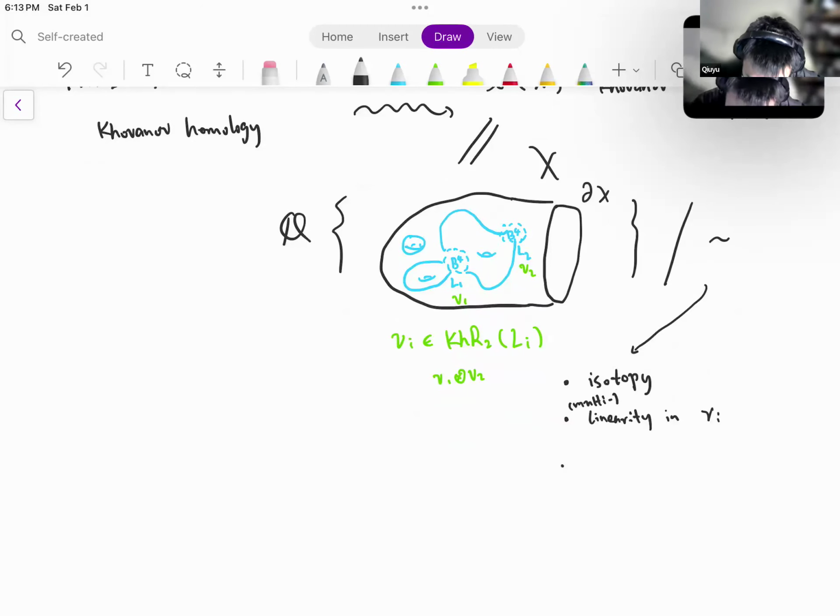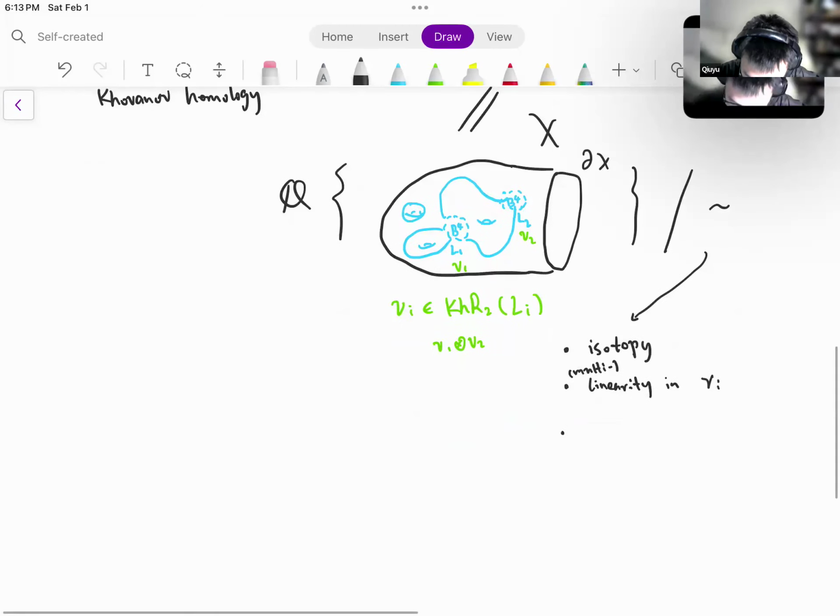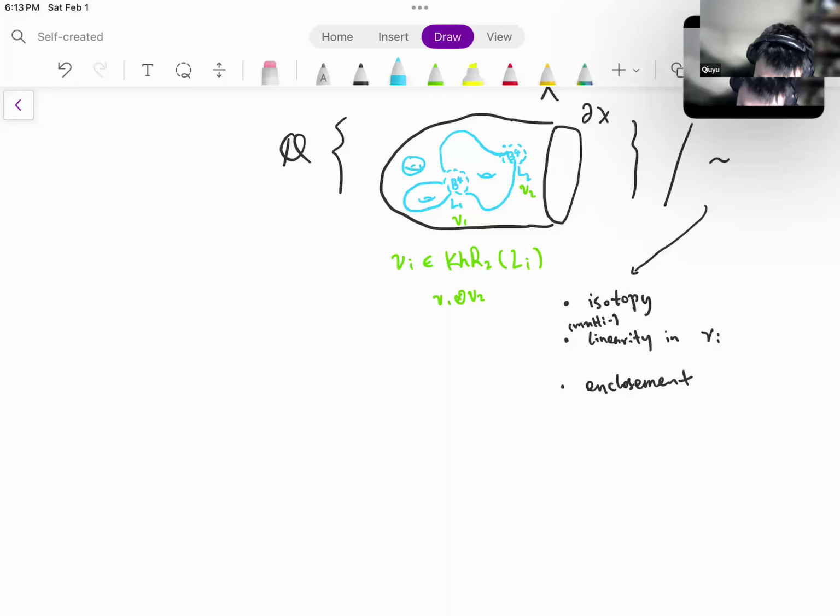And there's a third relation, which is the most interesting, which I call the enclosement relation. This is the following picture.